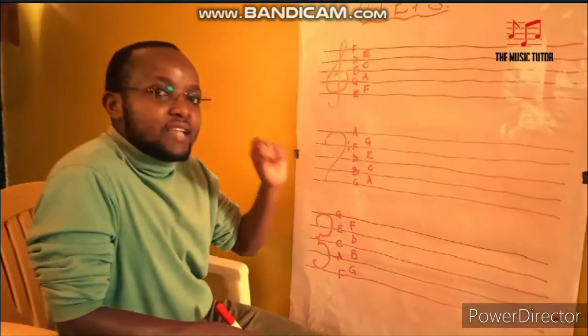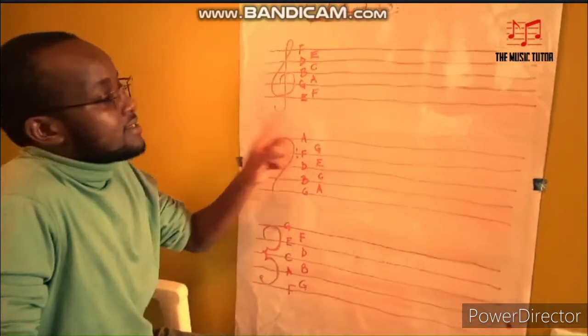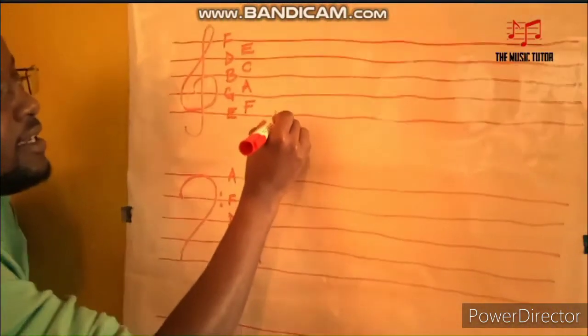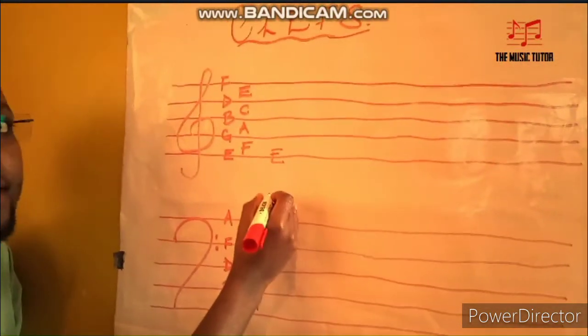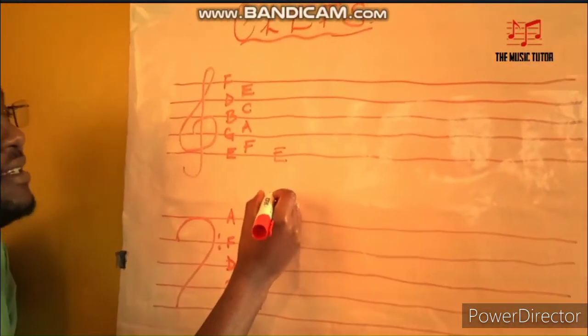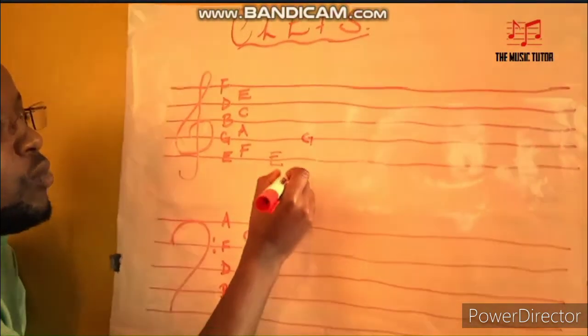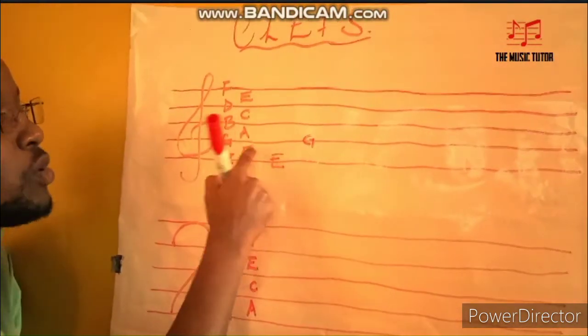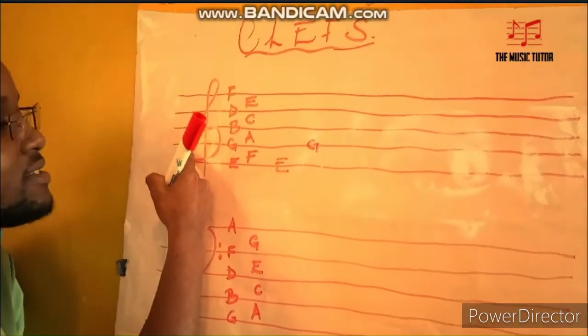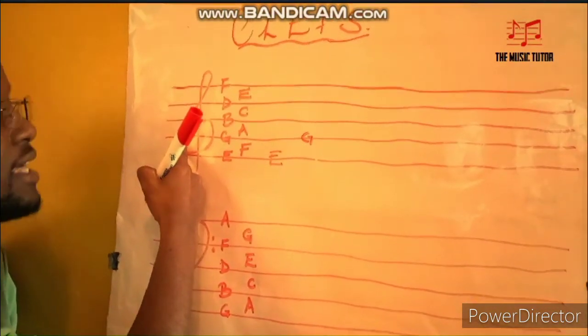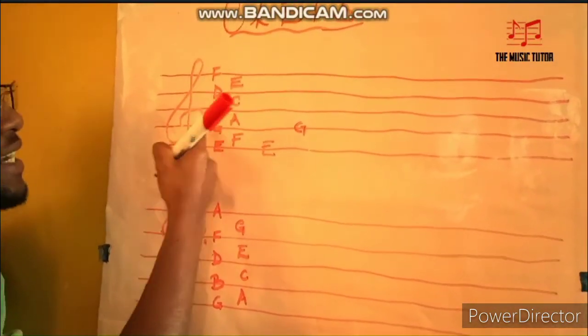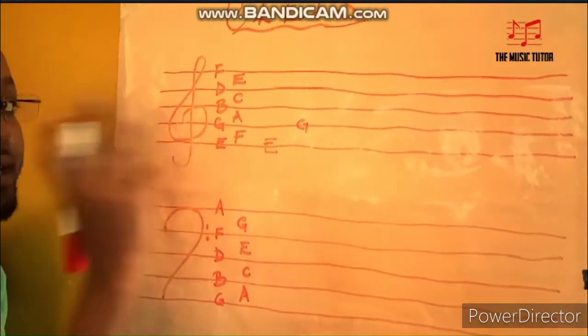The first line from below is E. This is line E. The second line is line G. Why is it line G? Because it subtends the second line 4 times.